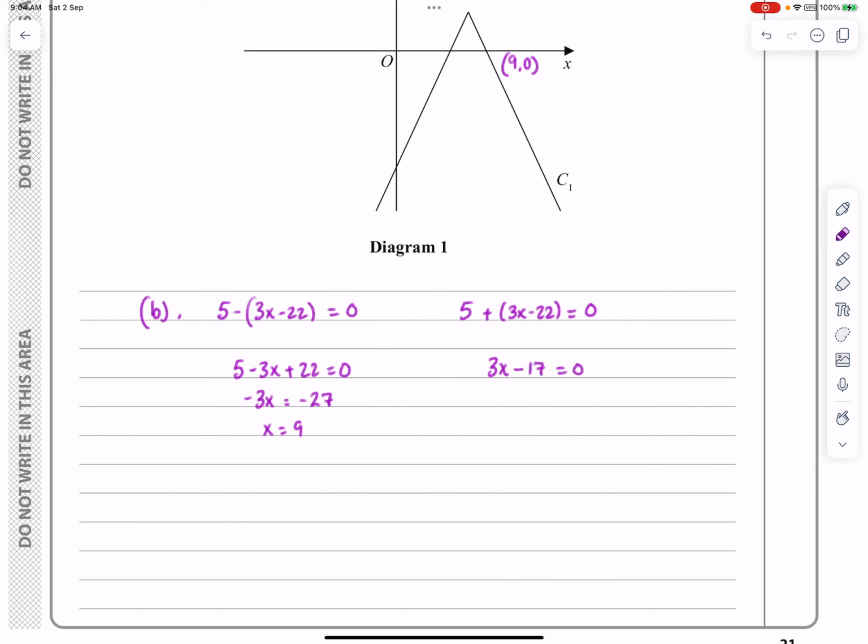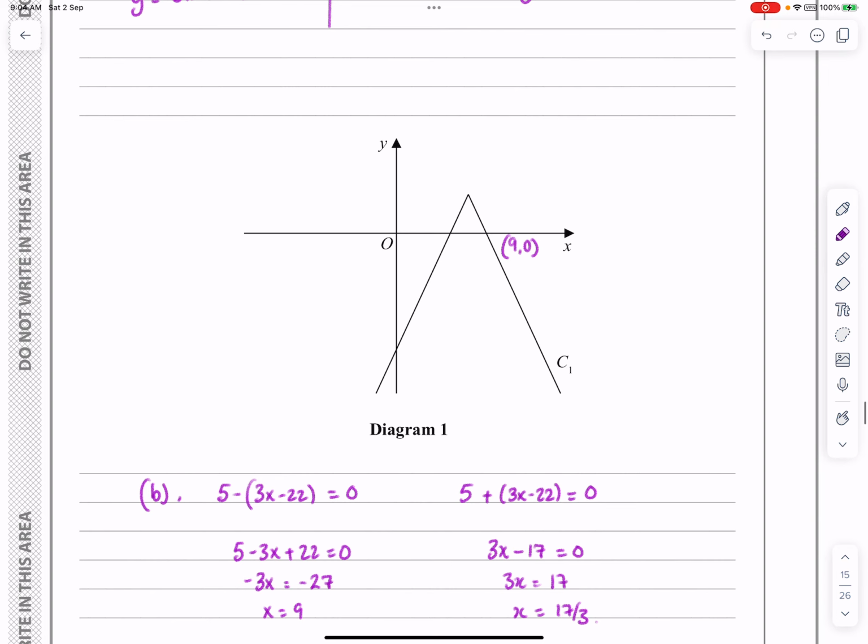So we're going to get 3x equals 17, x equals 17 over 3. And obviously 17 over 3 is smaller. That means that that one there is going to be, I'm just going to put the value in there, because I'm not sure for the rest of the sketches exactly how much information I need to put on there. So that's the point 17 over 3.